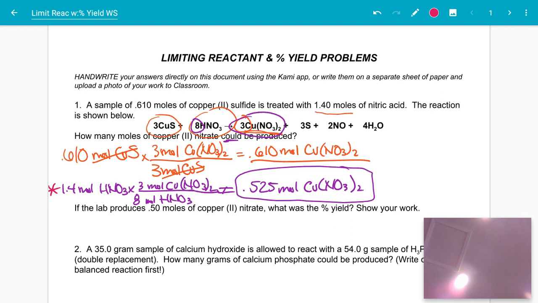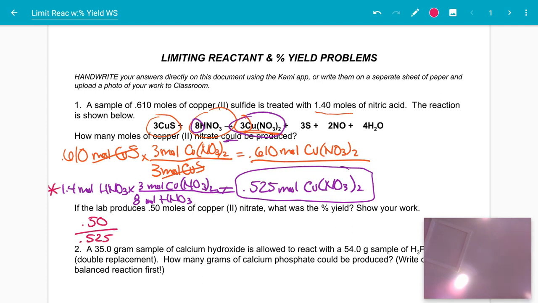Okay, so now it says if the lab produces 0.50 moles of copper nitrate, what was the percent yield? So we had, instead of 0.525, we had 0.50. So let's just try that. So let's do 0.50 over 0.525.